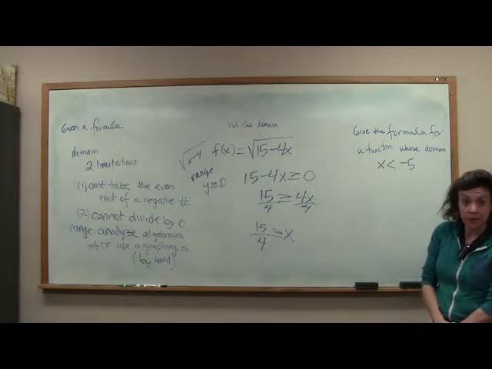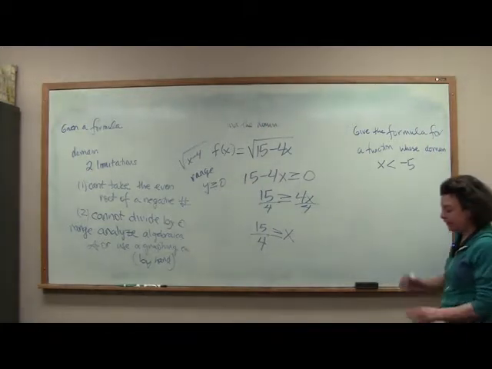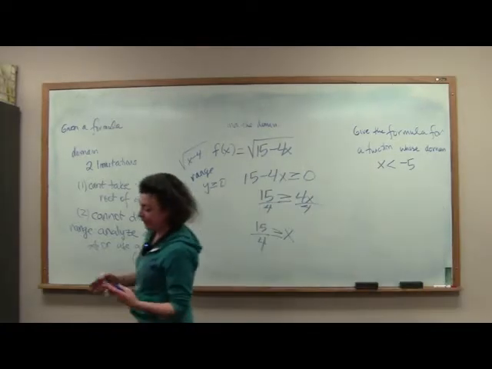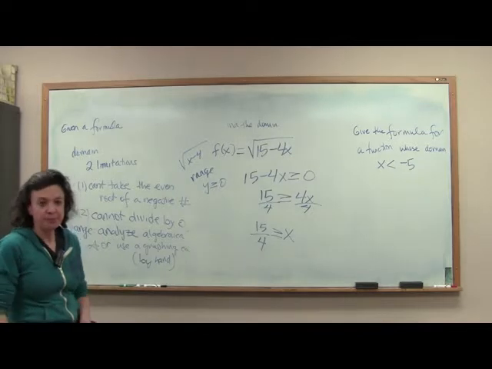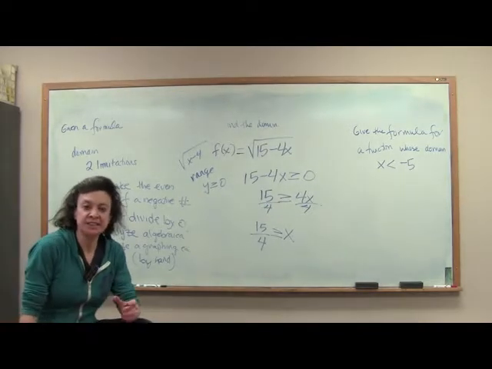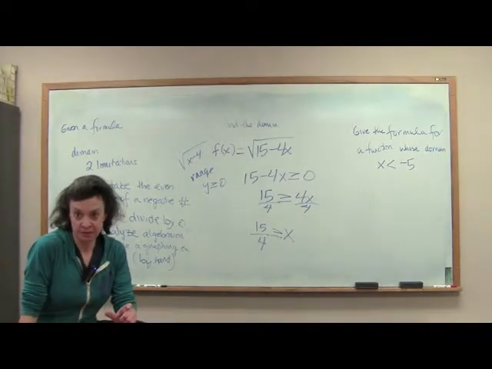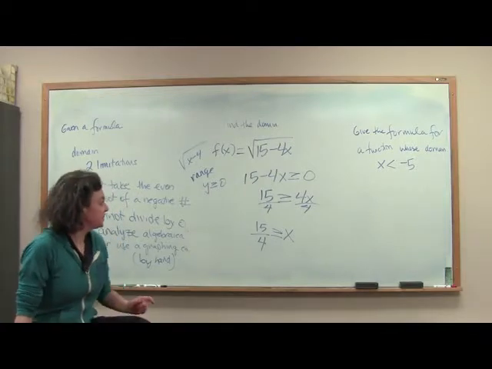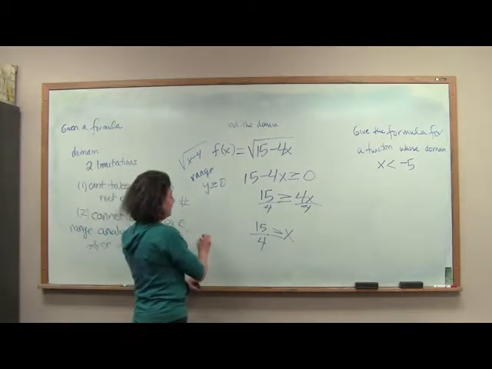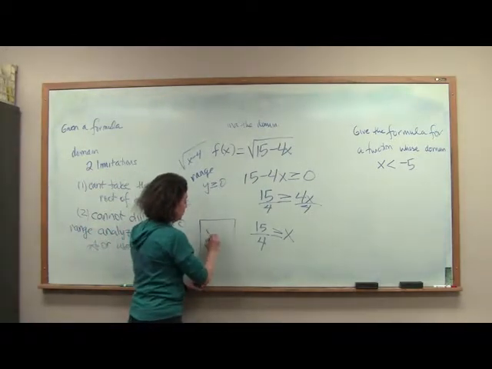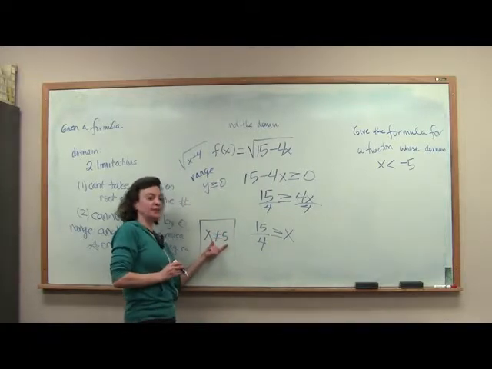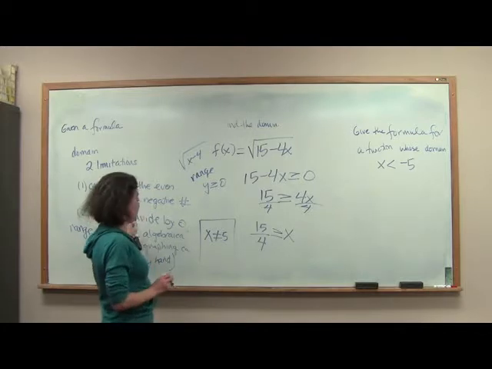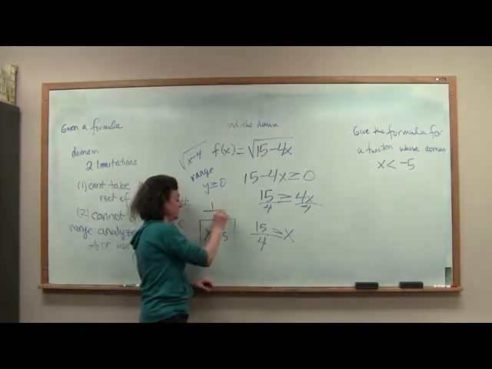Okay, so when you see a domain where x is less than or greater than, what that should indicate to you is that you're going to have a radical. If you just say, let's find a formula of a function where x can't be 5, if it can't be one value, that tells you you've got to deal with dividing by 0.